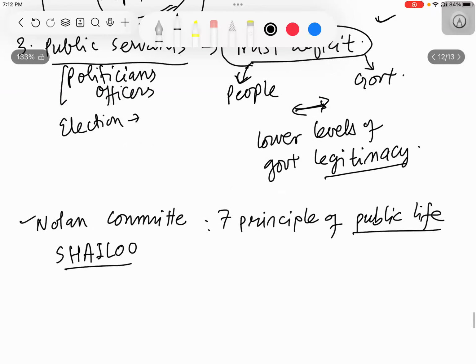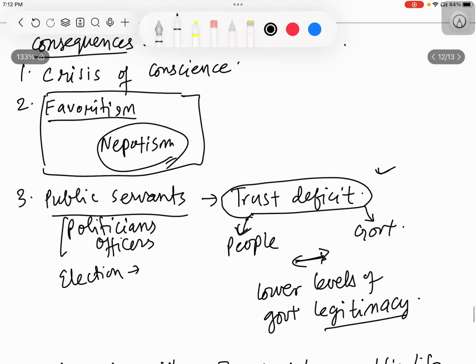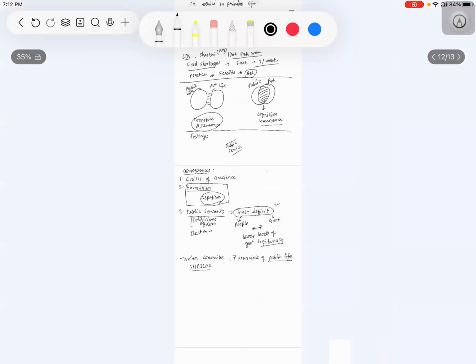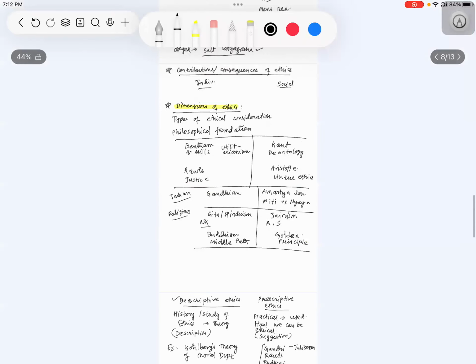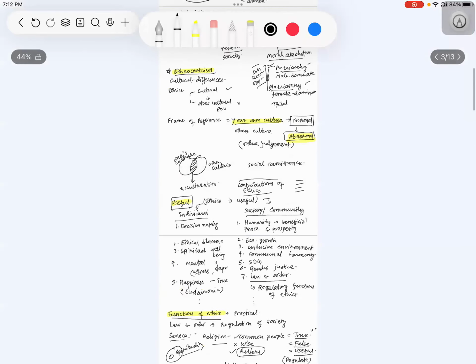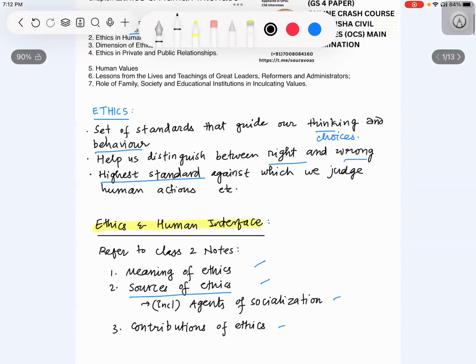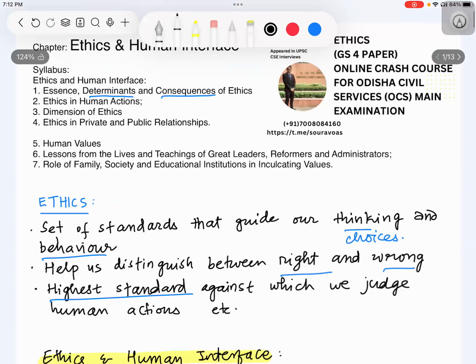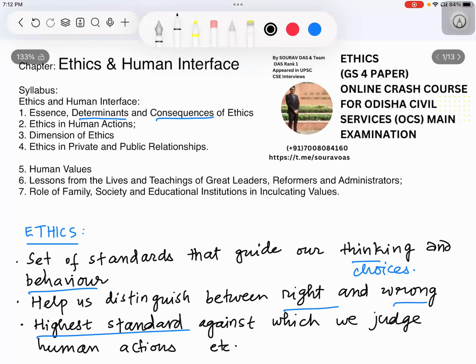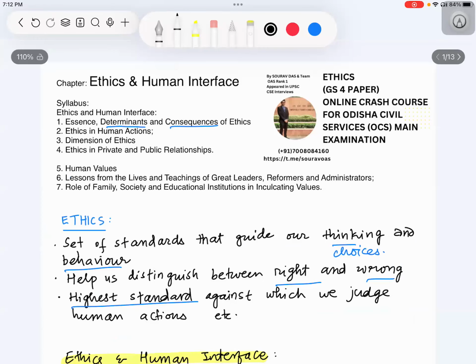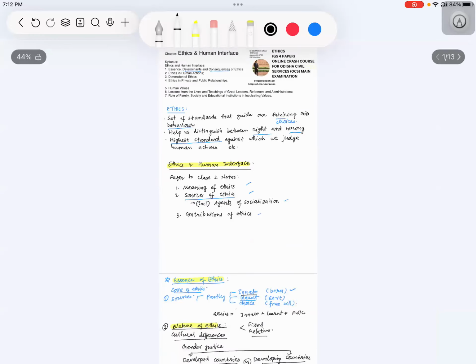Any doubts so far? Our first part is finished here: essence, determinants, consequences, ethics in human actions, dimensions of ethics, ethics in private and public relationships. Okay. Any doubts so far?